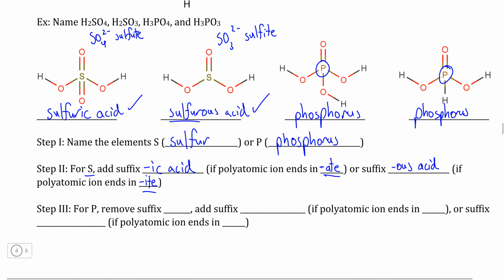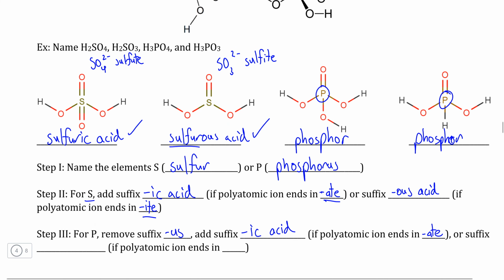Now, for the spelling exception for phosphorus-based acids, what we can do is remove the suffix US from the name phosphorus. So we would be left with phosphor as our root, and once again, the naming rule remains the same. If the polyatomic ion ends in ATE, we replace this suffix with the suffix ic acid.